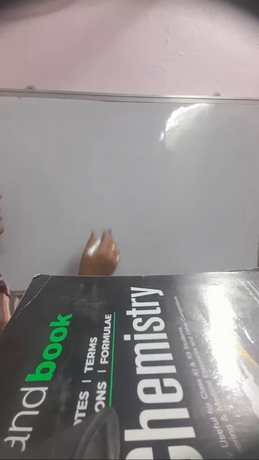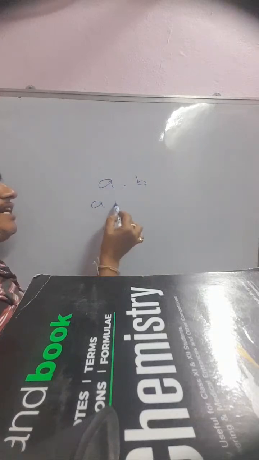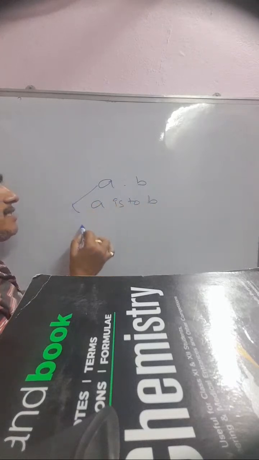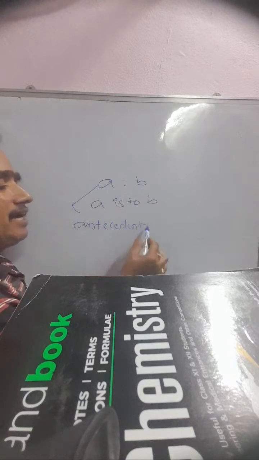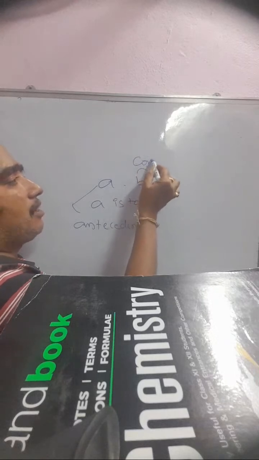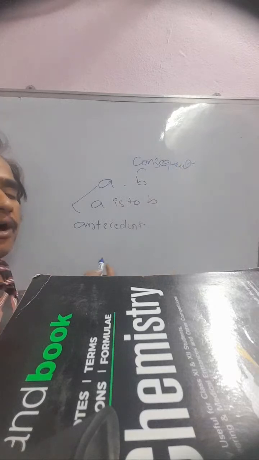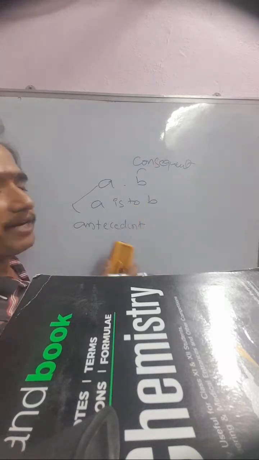So in comparing two numbers, we write like this and we read it A is to B, and A is called antecedent and B is called consequent. 7th class children, already your teacher, or if you are my school student, then already I have explained this to you.